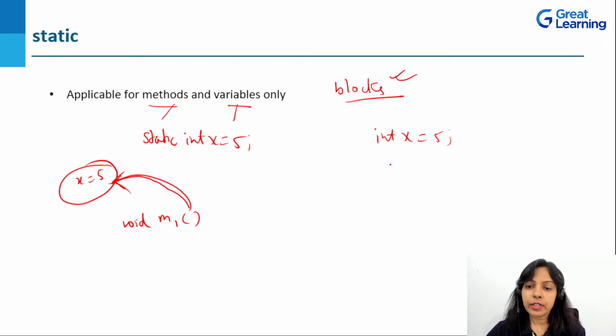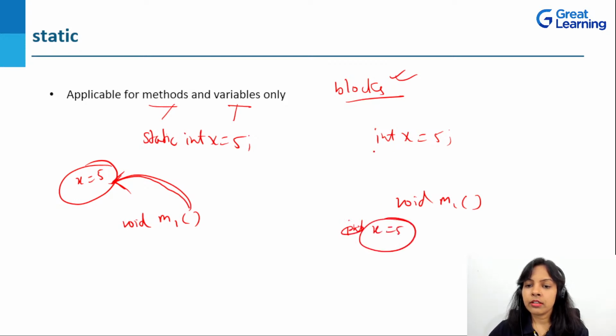But in the case of an instance variable, if there is a method m1 and it tries to access this x, a separate memory allocation is done again for x equals 5, which is local to this method m1. So the next method, if I define void m2, will also refer to its own copy of x.